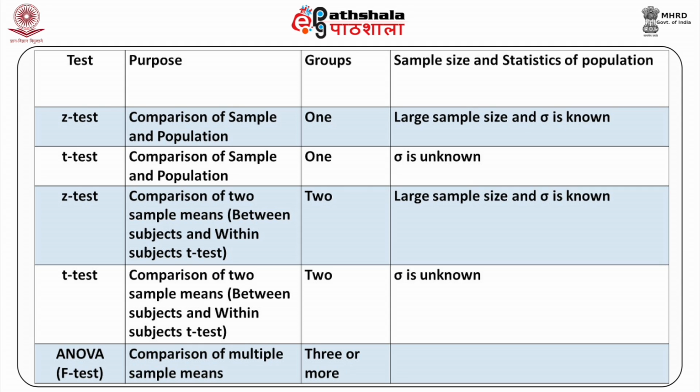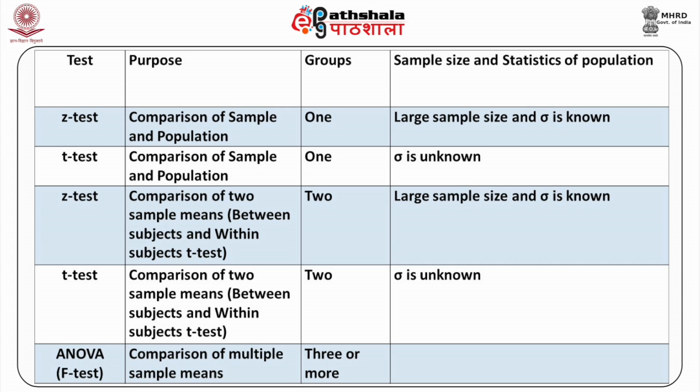The T-test on the other hand is used when the purpose is to compare a sample with the population for one group and the standard deviation is unknown. The purpose of the Z-test can also be for comparison of 2 means with a large sample size and a known standard deviation, and in such cases there can be variation of between subjects and within subjects designs also.